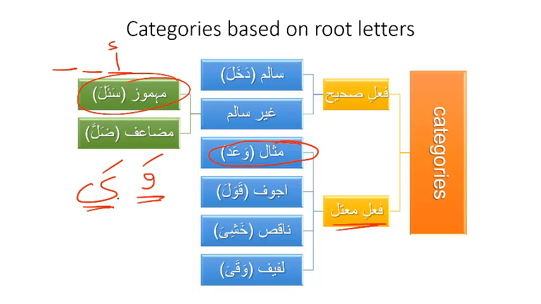Now, if the waw or ya is in the first location, the fa location, then we call this a mithal. If the waw or ya are in the middle, such as with qawala, then this is called ajwaf. And if the waw or ya are at the end, then this is called nakis. And then lafif means that we have two harfe illat. But anyway, today our focus is going to be on mithal.